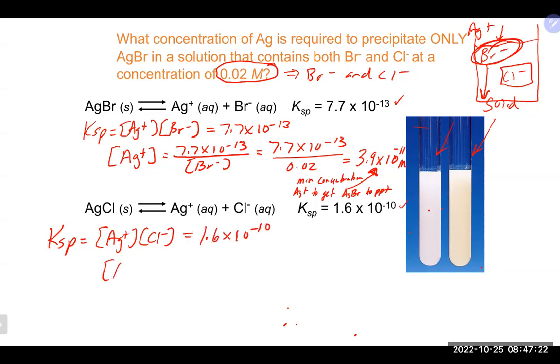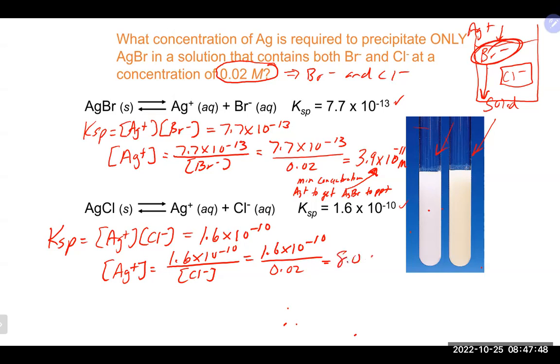Solving for the silver concentration in this case would give us 1.6 times 10 to the minus 10 divided by the chloride's concentration, 0.02, which is going to get us 8 times 10 to the minus 9 molar.